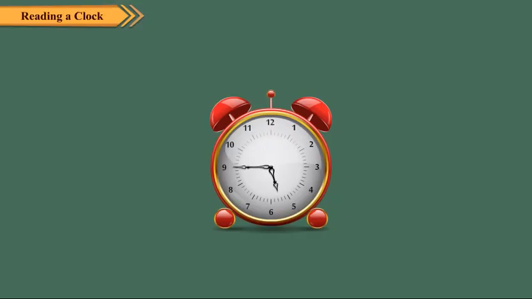Observe this clock. The hour hand is between 5 and 6. The minute hand is at 9, that is in the second half hour. So 5 multiplied by 9 is equal to 45 minutes have passed.